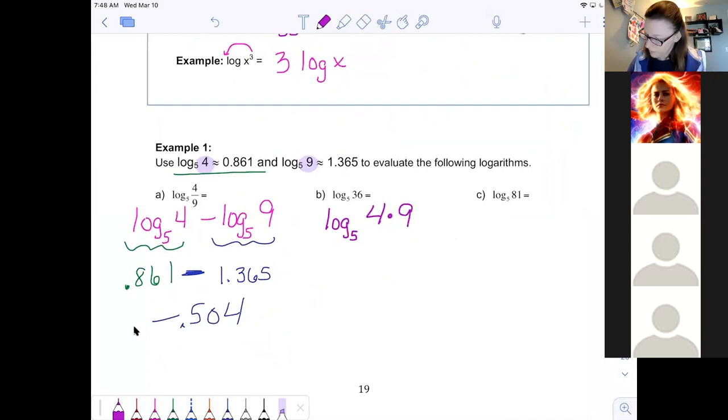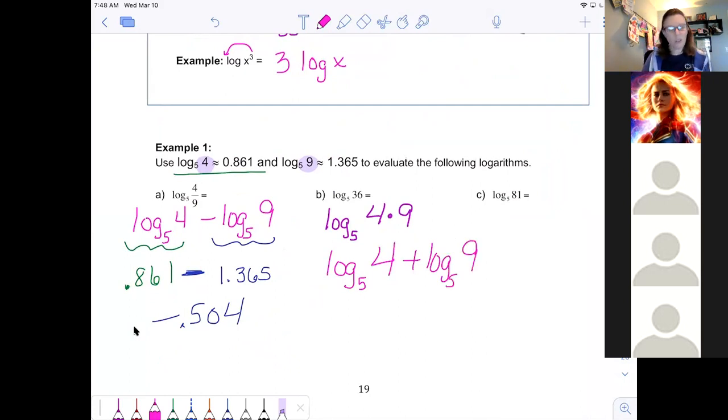You could do log base 5 of 4 plus log base 5 of 9. Perfect. So we rewrote 36 by making it 4 times 9. And then I can separate that into the two individual logs.